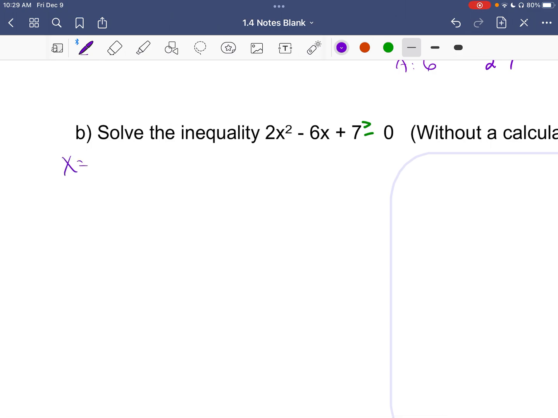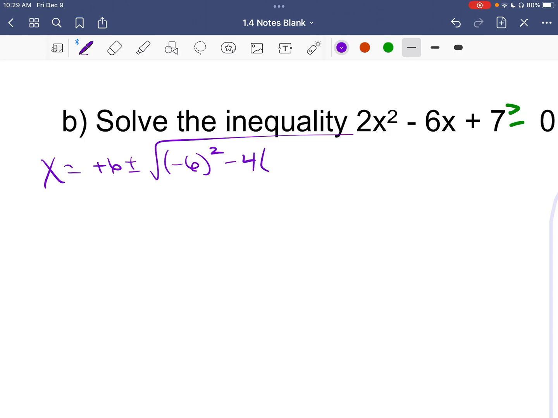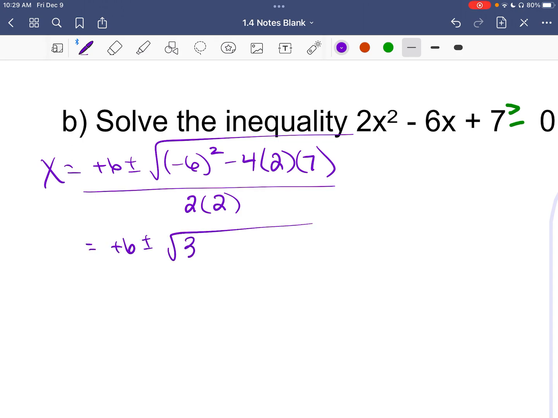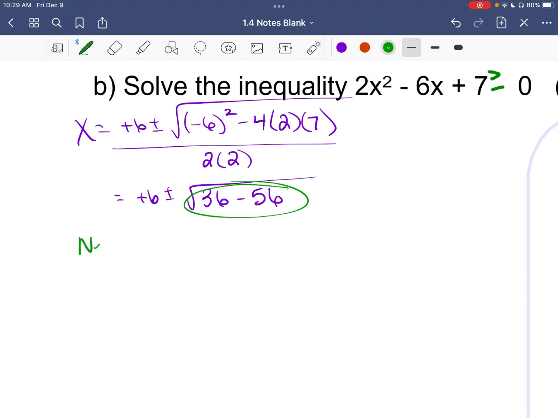We can say x is equal to -b, so +6 plus or minus the square root of -6 squared minus 4ac all over 2a. So doing the math on our function, we get +6 plus or minus the square root of 36 minus 56. Ooh, we can see right there without even finishing, if we subtract those, we're going to get a negative number. So that means our function never goes to 0.